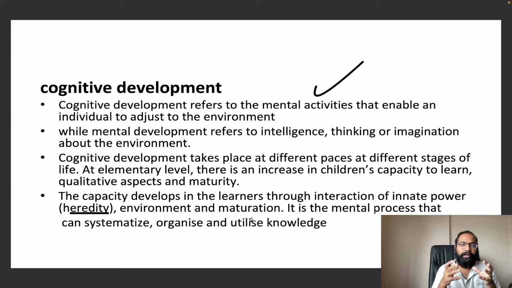That means whatever cognitive development, meaning IQ levels as well as mental maturity, there is, that will develop based upon their heredity, the surrounding environment, meaning the environment in which we are located. The environment means the friends, the school, the parents, all these things, and their maturity naturally. Okay, so it is one type of mental process that can systematize, organize and utilize the knowledge.